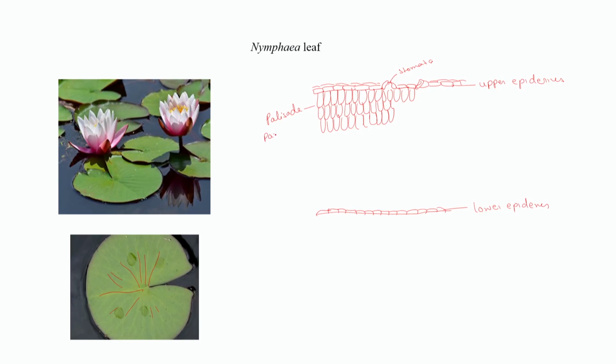Palisade parenchyma, these are all parenchymatous tissue. So they will contain chloroplast, okay. Similarly, now you will see a lot of spongy parenchyma also, okay, a large amount of spongy parenchyma will be there.